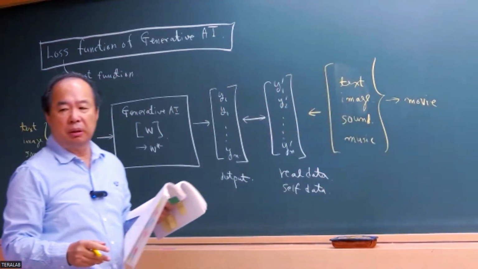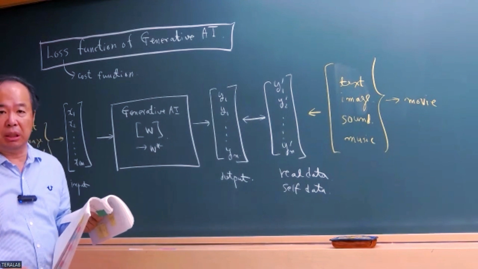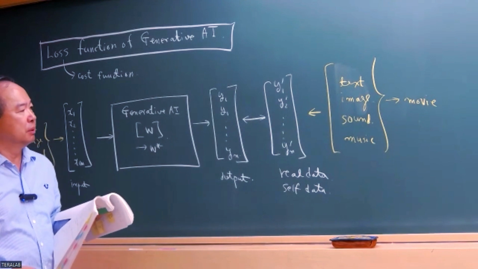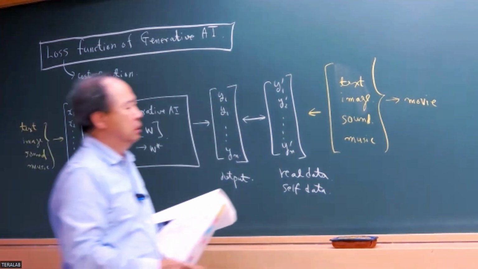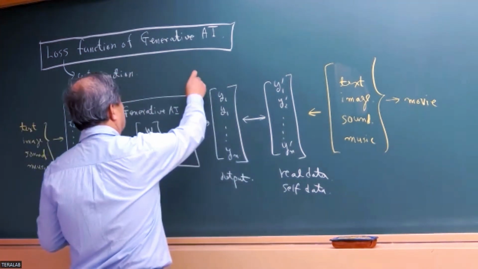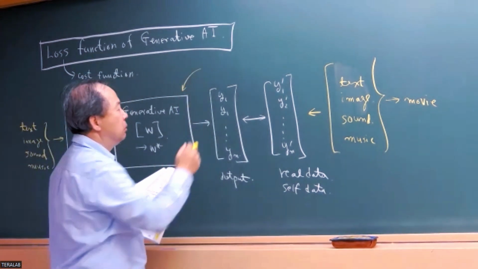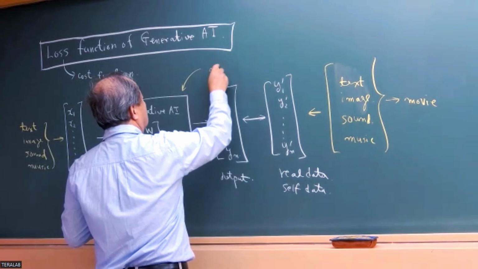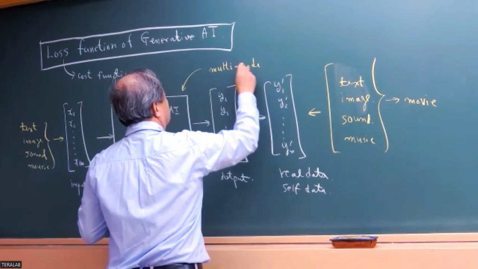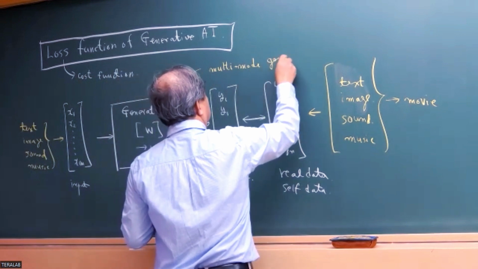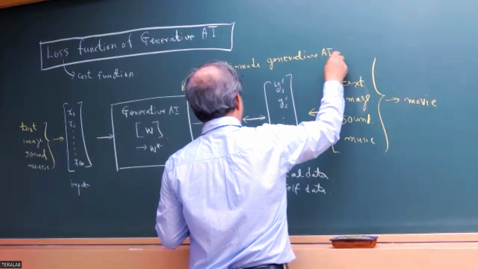Movie has all the elements of text, image, sound, and music. This kind of generative AI model is called multi-mode generative AI.